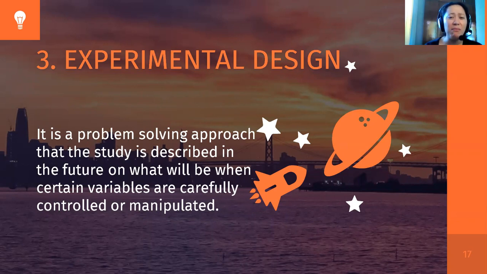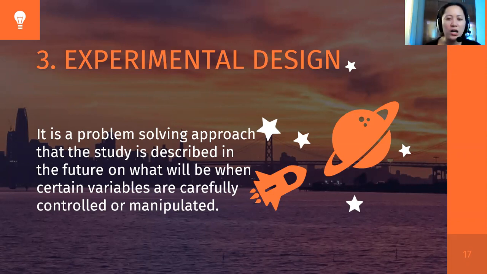But some kinds of experimental designs are also applicable to qualitative research. Since this is an experiment, this is quite interesting. It is a problem solving approach where the study describes in the future what will be when certain variables are carefully controlled and manipulated.